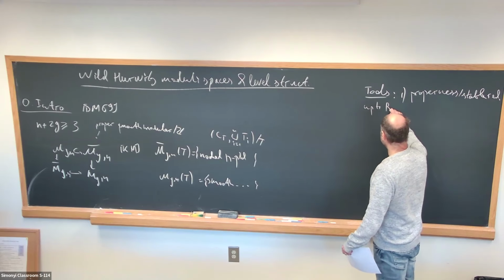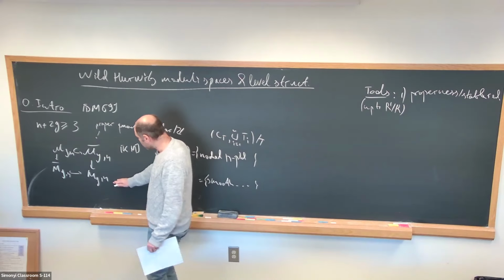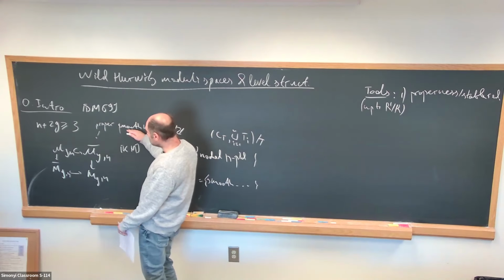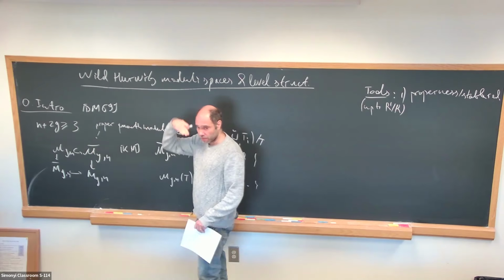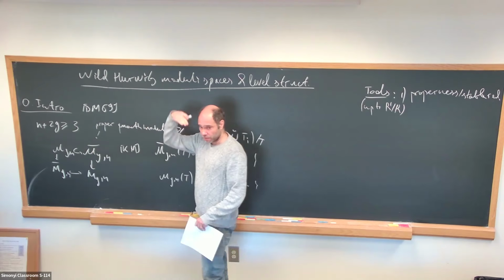Stack-theoretic issues, yeah, we have here coarse spaces, but modular interpretation and smoothness holds only on the level of stacks, of course. And stable reduction says that for any valuation ring R with fraction field K and residue field.